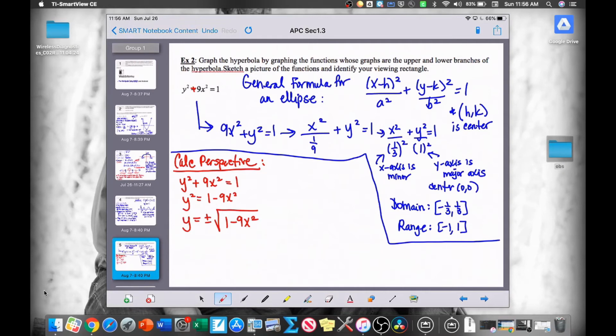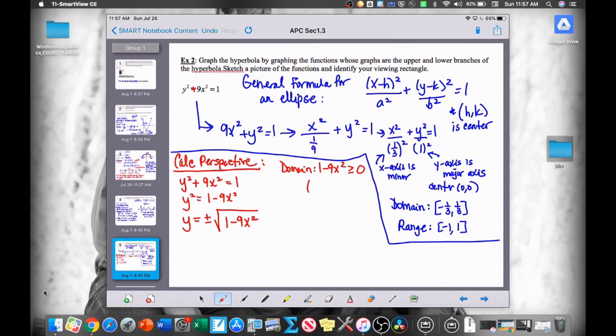But let's verify that the domain and the range that I determined before from the general formula for the ellipse is the same as what I would get if I did this using sign charting, which is what we've been doing a lot of lately. Since I have an even root function here, the square root of 1 minus 9x squared, I know for my domain that 1 minus 9x squared has to stay greater than or equal to 0.